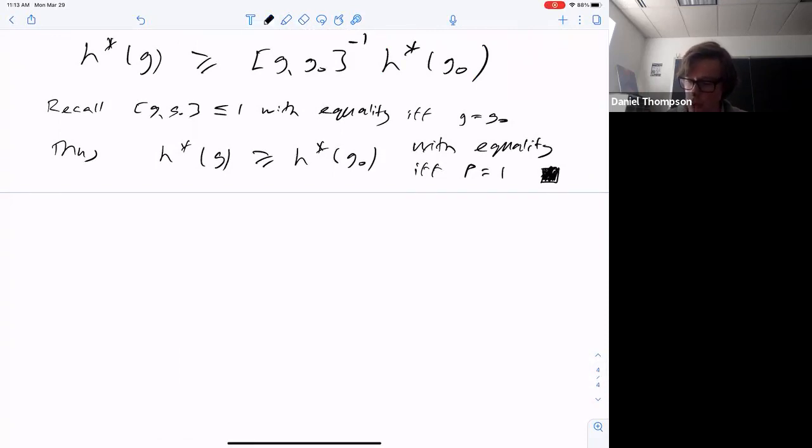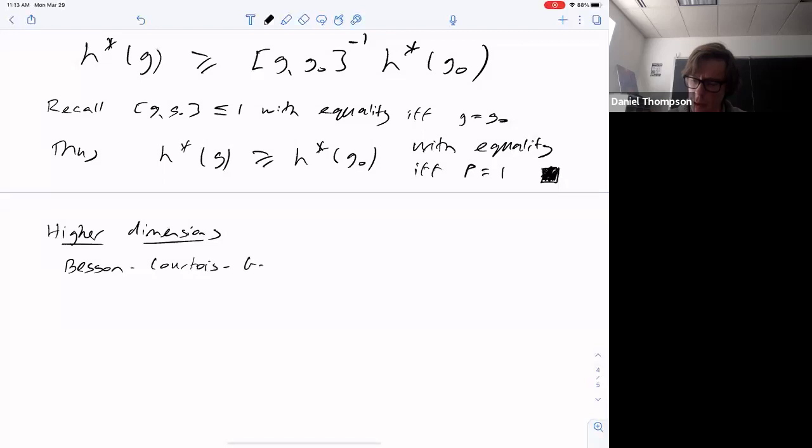Okay, so high dimensions. There's famous work by Besson, Courtois, and Gallo.